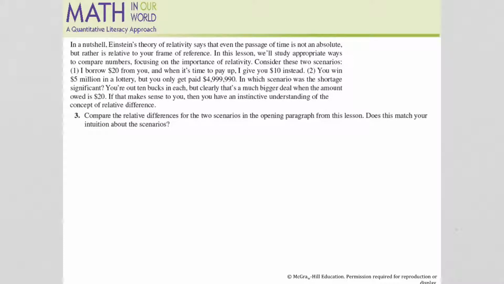Consider 2 scenarios. In scenario 1, I borrow $20 from you, and when it's time to pay up, I give you $10 instead. In scenario 2, back to that first example, you win a $5 million lottery, but you only get paid $4,999,990.